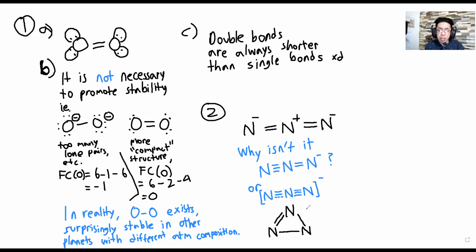Try to count first the number of valence electrons for azide. I'm also trying to check this B point. I don't know if oxygen can bond like fluorine, like O single bond O. I'm wondering why it's still technically like this, even though it's not supposed to be like that.